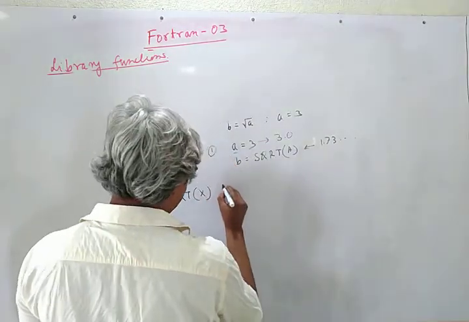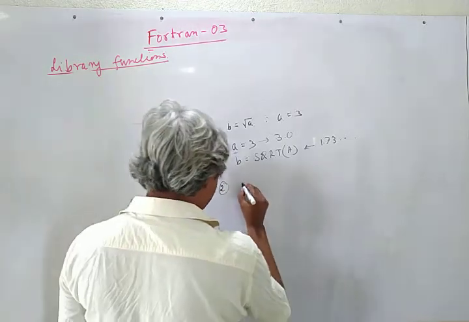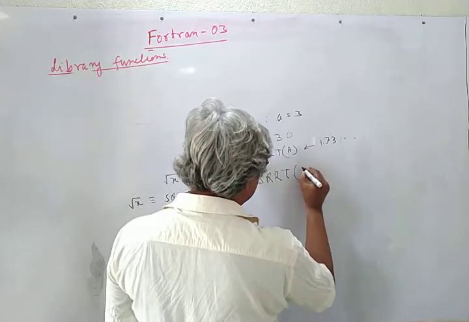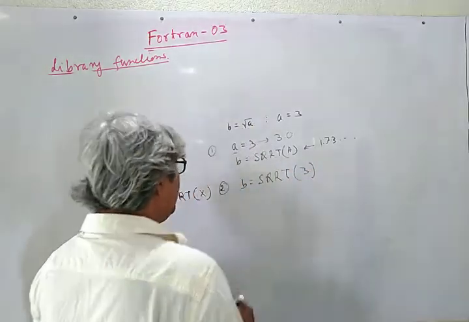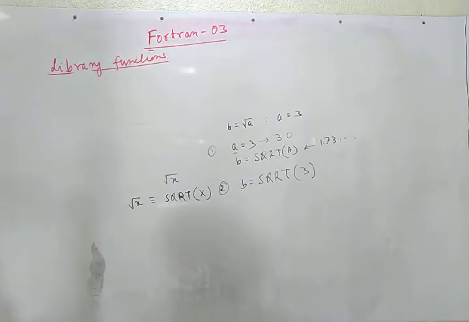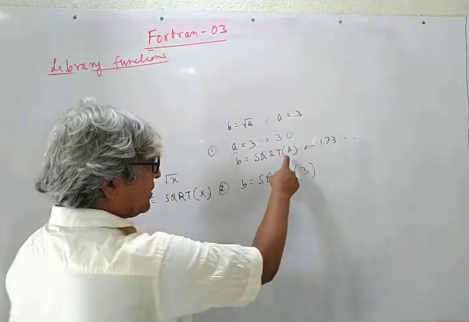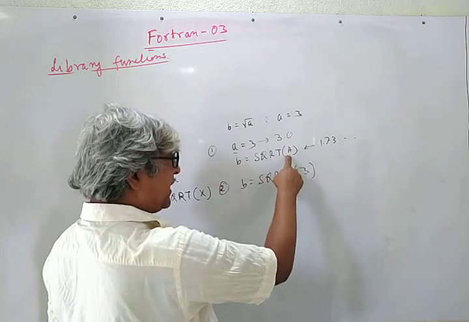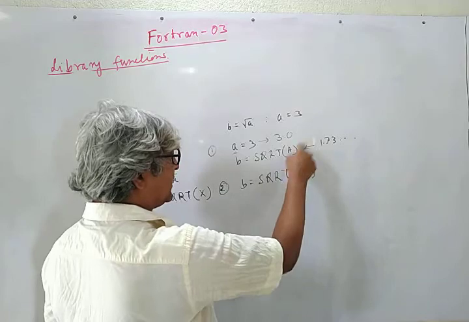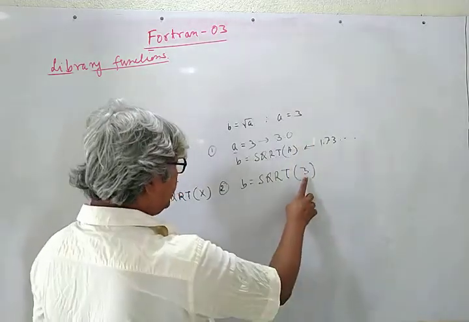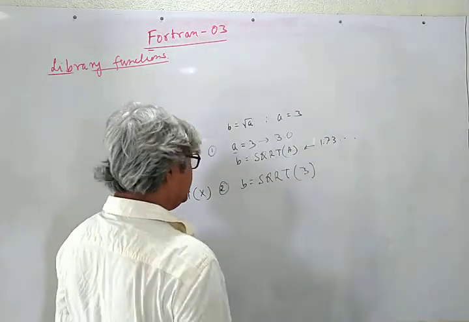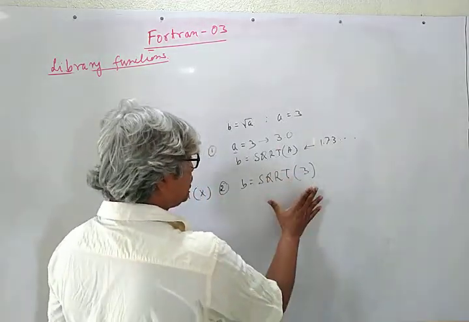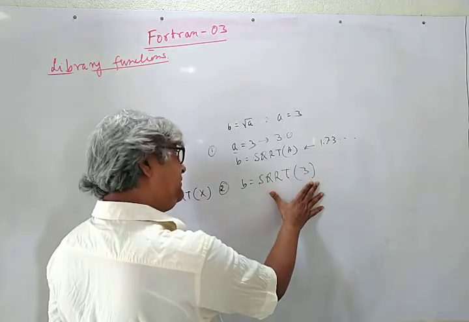If we do it this way, b is equal to square root of 3, we use the argument as a Fortran constant. In the earlier case the argument was a Fortran variable, and its value was assigned by its nature. A is real, so it has been taken as real. Here we have used a Fortran constant, which is 3 in integer mode. So it assumes that you want the result in integer mode.